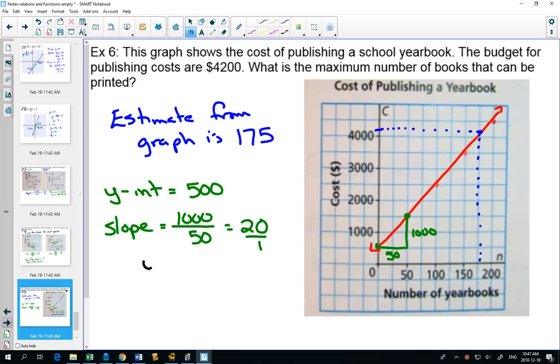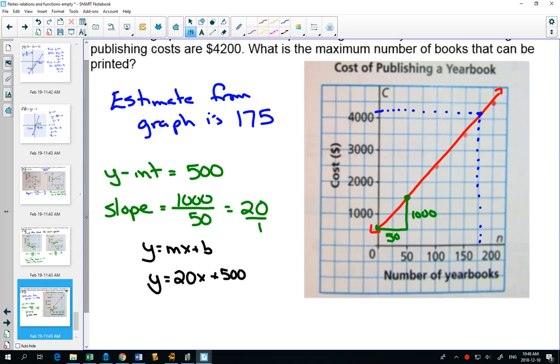So if we think about y equals mx plus b, the slope is 20, the y-intercept is 500, we could write an equation for this. And using that equation, if the maximum cost is 4,200, the y is your cost.